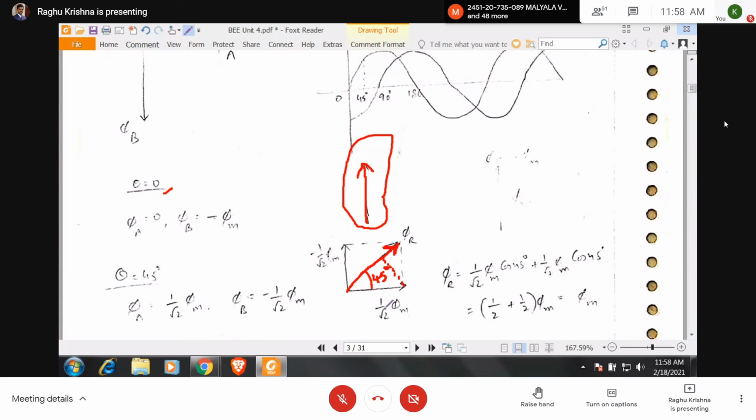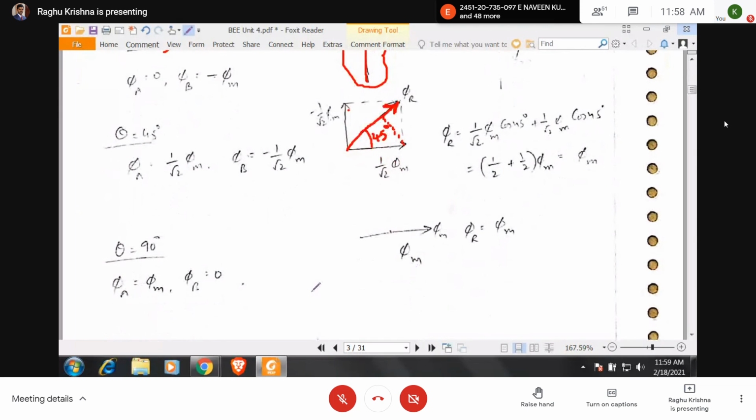The component of this flux along phi r will be 1 by root 2 phi m into cos 45 degrees. Next, what about the component along the resultant flux? Its component will be 1 by root 2 phi m cos 45 degrees. So you are going to get phi m. Here also the magnitude is phi m, here the magnitude is phi m, but the direction is changed.